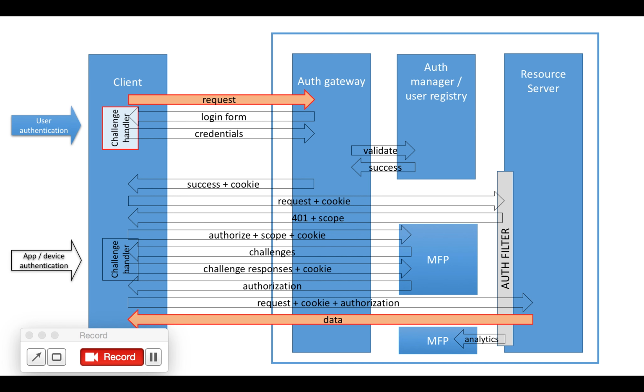So the challenge handler needs to do user authentication, but once you pass the user authentication phase, all the rest of the flow is going to be automated. It's going to be fully automatic, right? And eventually, the resource server will return you the data you've asked for.